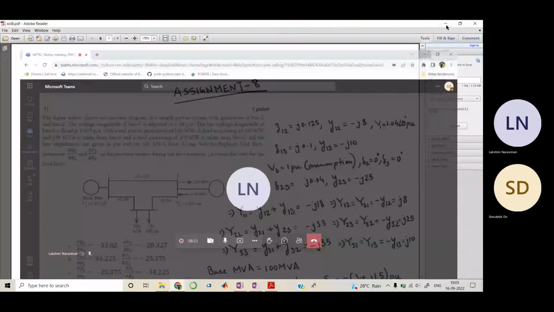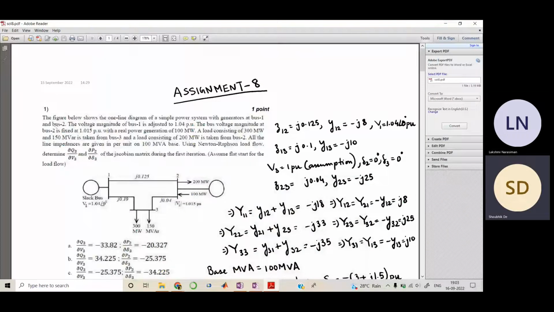Problem number 1: the figure below shows the one-line diagram of a simple power system with generators at bus 1 and bus 2. The voltage magnitude of bus 1 is adjusted to 1.04 per unit with an angle of 0.